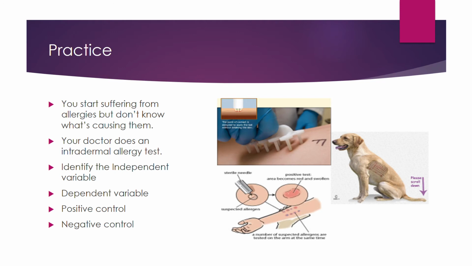Maybe they didn't push it deep enough in your skin. Or maybe the reagents, the allergens on the tip of each needle, were old, and so they're not producing the result like they should if they've expired. So your positive control is going to make sure that you do produce a result.